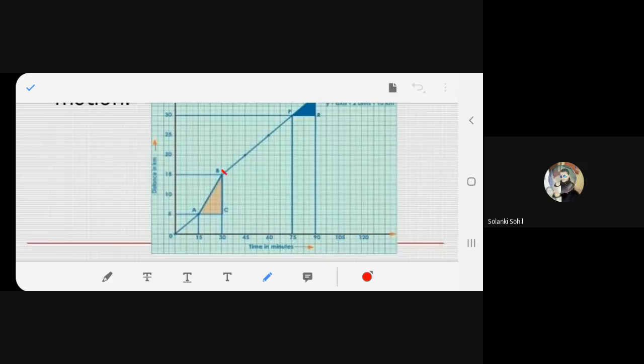See, if I talk about this one, from here to here, it is uniform motion. But from here to here, it is non-uniform motion. Have you understood? If it is a straight line, it is uniform. If it is uneven or a curved line, it is non-uniform. Agree?